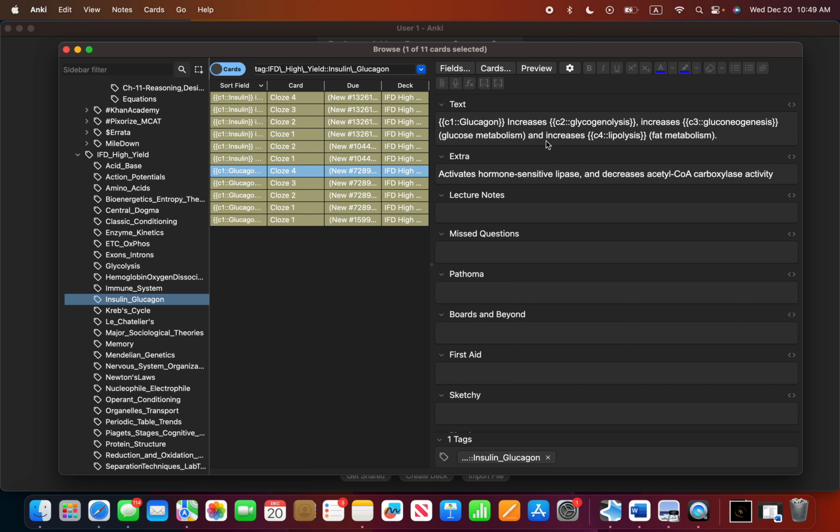Glucose metabolism increases. So glucagon increases gluconeogenesis, right? And glucose metabolism. Sure, it metabolizes glucose. Wait, that kind of doesn't make sense, because if you're metabolizing glucose, then it is the effect of insulin, not glucagon.